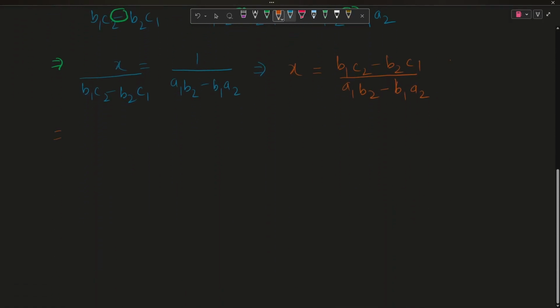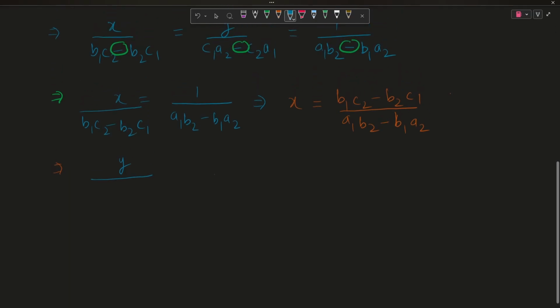Similarly, for y, we can calculate the value as y upon c1 a2 minus c2 a1 is equal to 1 upon a1 b2 minus b1 a2.